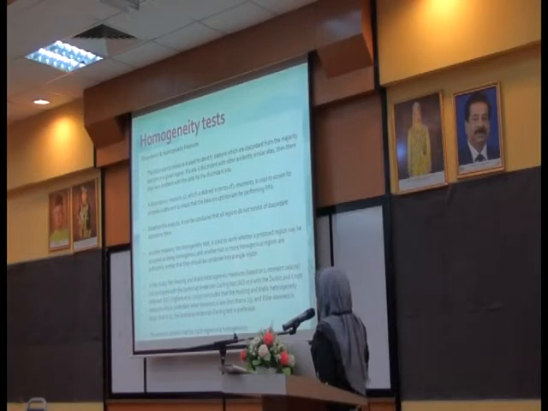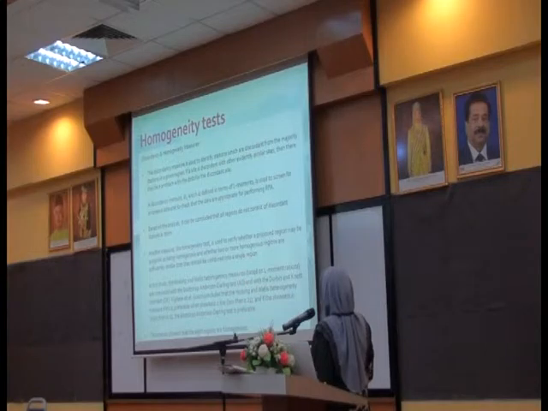So we want to test the comparison: one, whether all the sites in the proposed region are homogeneous, and the other, whether we can combine two or more homogeneous regions as a single region. So we use the test based on the Hosking and Wallis heterogeneity measure, and compare with the bootstrap Anderson-Darling test and the Durbin-Knott rank test.